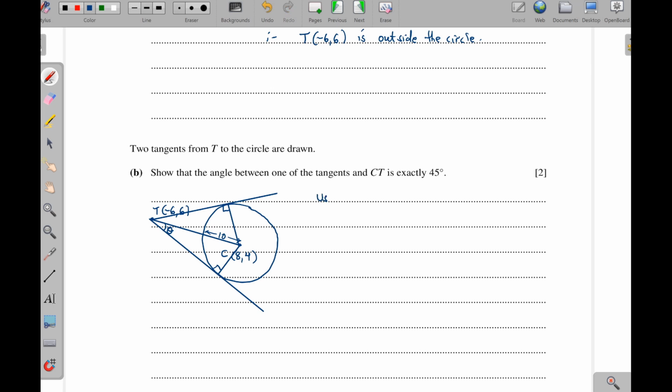So using SOHCAHTOA, relative to this angle here, this side here is the opposite. And of course, this one is going to be 10. So let me shift this C and then I put it here together with its coordinates.